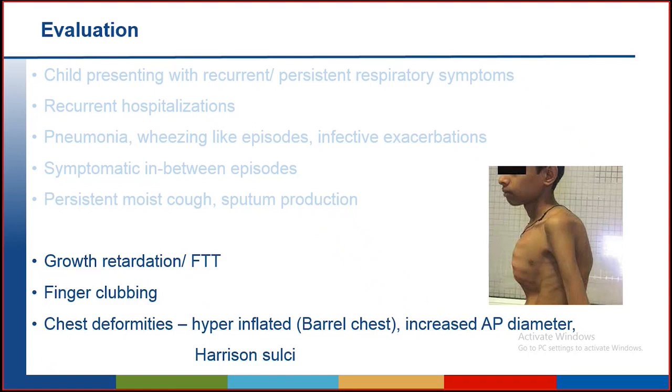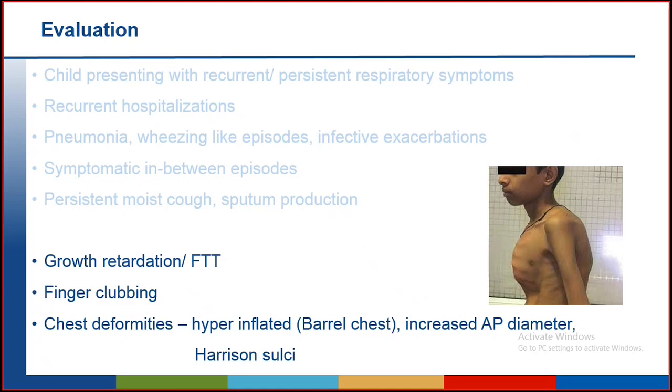Especially when we consider these chronic lung diseases, because of the impaired lung function, the body is trying to increase the tidal volume. When this process is going on, the chest is hyperinflated. It may be due to obstructive airway disease itself, or long-standing parenchymal involvement also leads to the body trying to get more and more air by increasing the tidal volume.